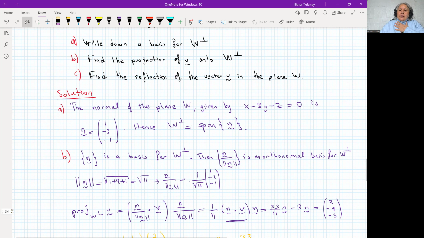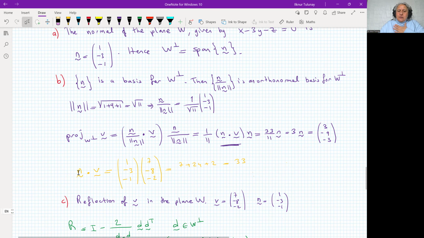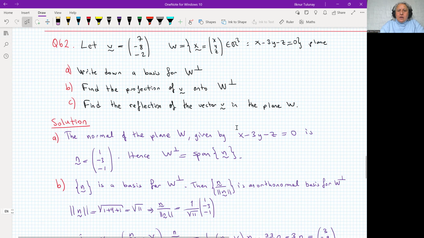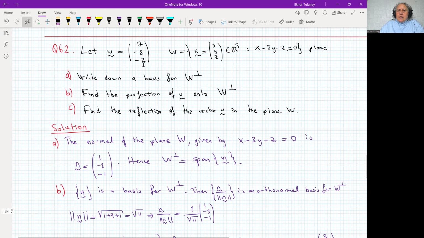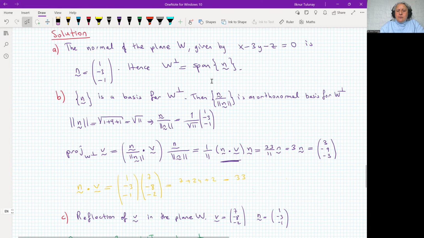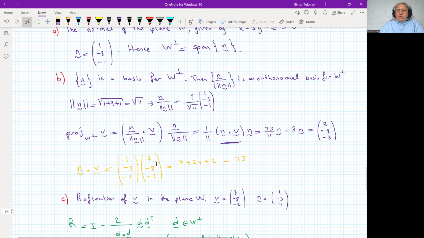Calculating this dot product of n, 1, minus 3, minus 1, with the vector v, which is given in the question as 7, minus 8, minus 2, we have 33.